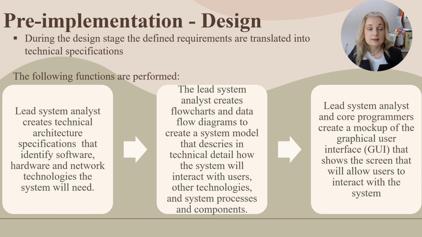The lead system analyst needs to create technical architecture specifications that identify software, hardware, and network technologies that the system will need. Then the lead system analyst creates flowcharts and data flow diagrams to create a systems model that describes in technical detail how the system will interact with users and other technologies and system processes and components.